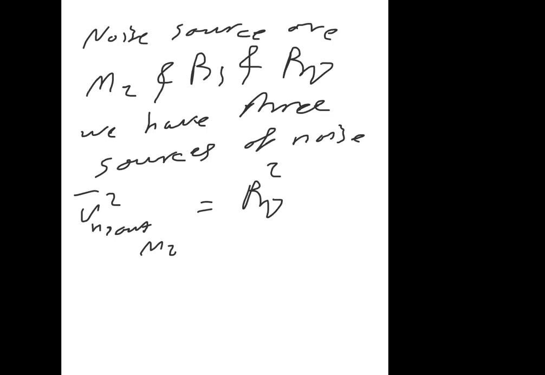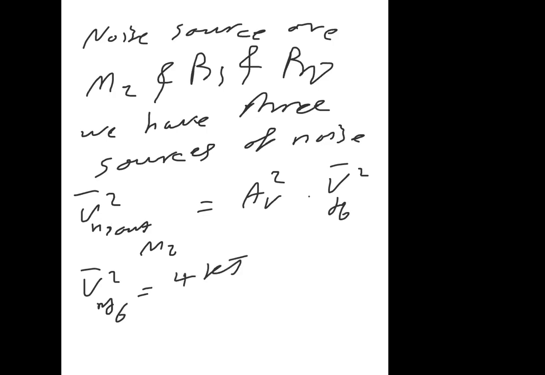It is GM times RD squared, it is AV squared times V noise drain gate squared. The V noise drain gate squared is equal to 4KT lambda over GM.